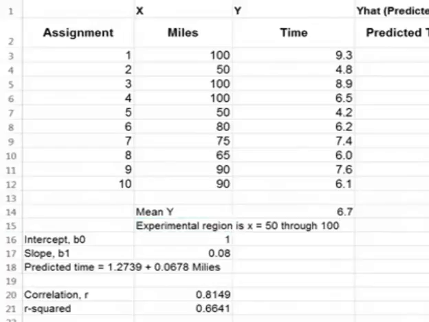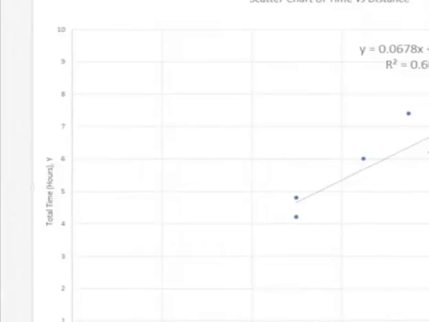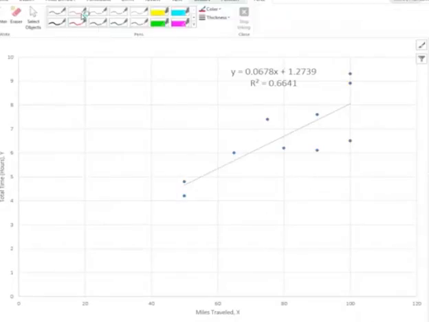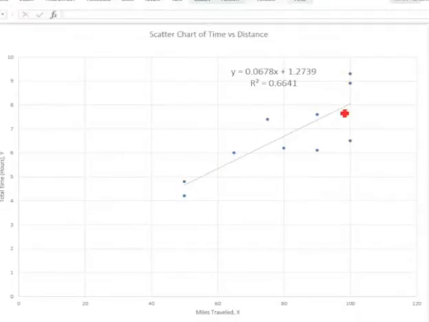If I go to the picture, in this region a straight line looks reasonable, but maybe if I go very far, this will change to something like this. Maybe it'll flatten out, or maybe it'll go even higher. So we don't really know how the data will act beyond this part.